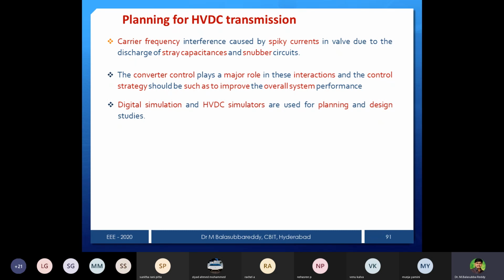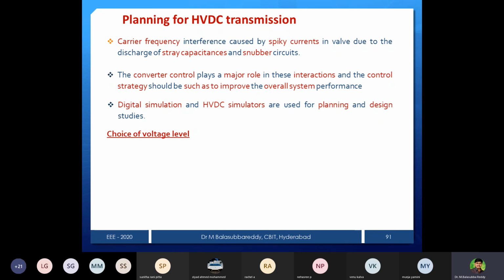To do that, we preferably use a simulation, and then we see the parameters and performance, and then we install practically. Here also the intention is that digital simulation and HVDC simulators are used for planning and design studies. Then another one is the choice of voltage level.